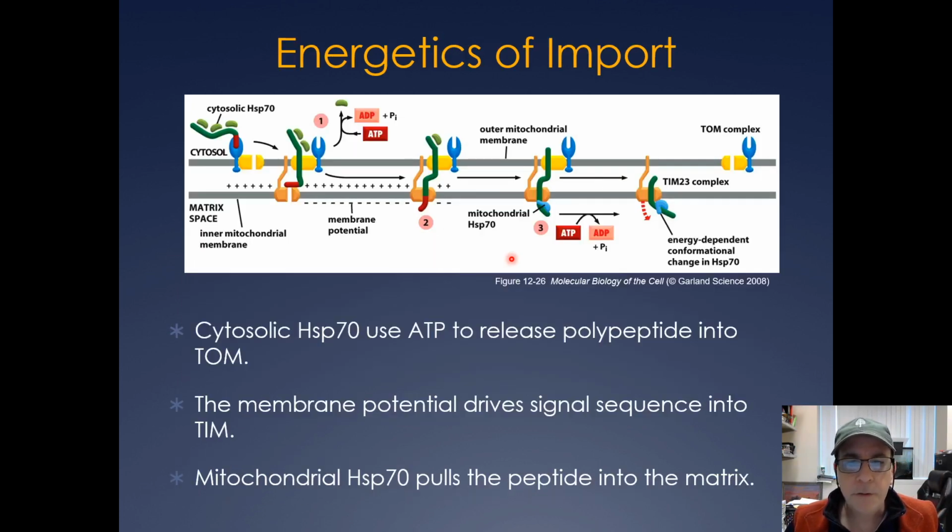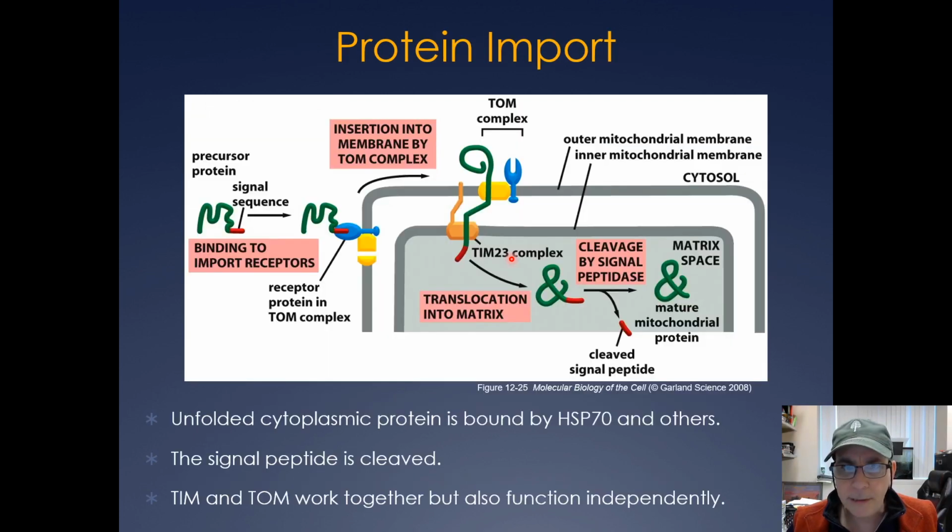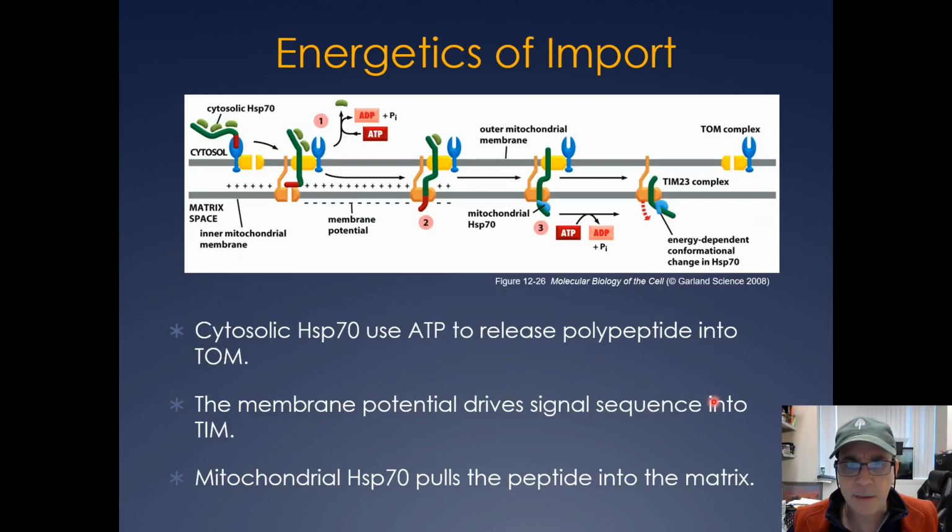The energetics of import. I want you guys to understand how this whole process works, but there's more energetics to it. Normally, once a protein is being translated in the cytosol, if it's a mitochondrial protein, it's bound by cytosolic HSP70 proteins. These are chaperones.